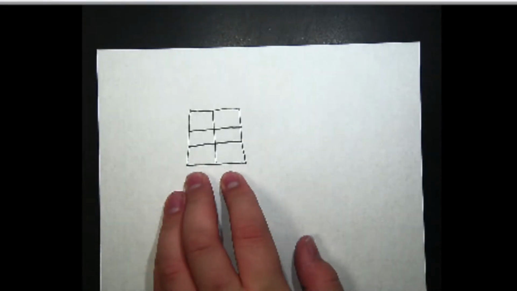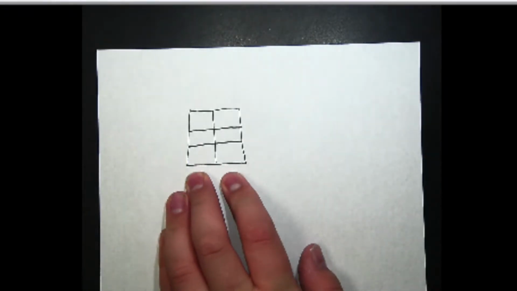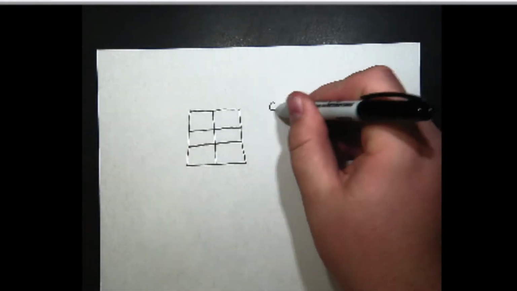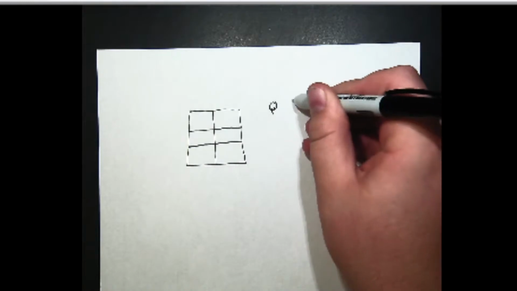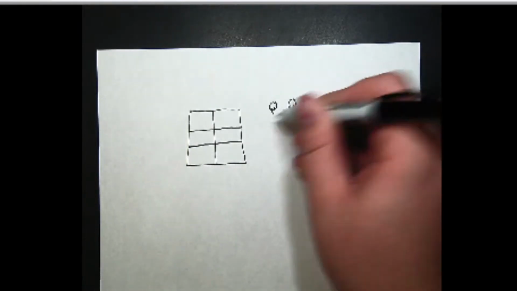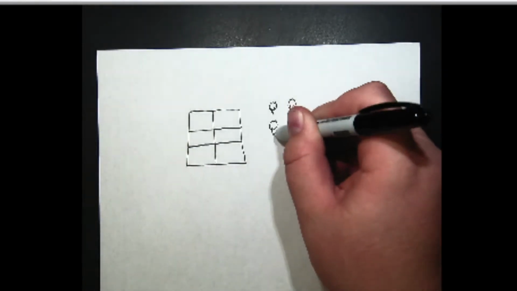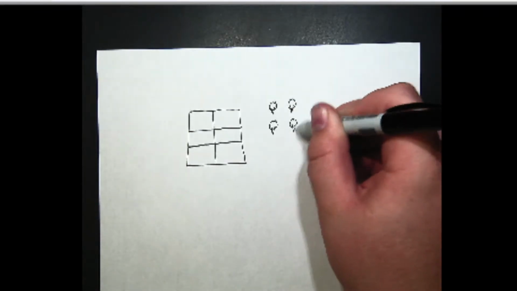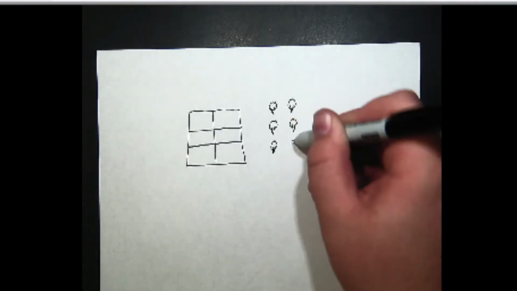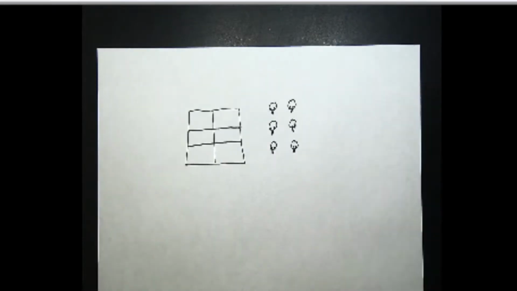Okay, so right here, let's say that we have 6 pigeonholes. And if we have 6 pigeons, well, each one of them gets their own individual home.